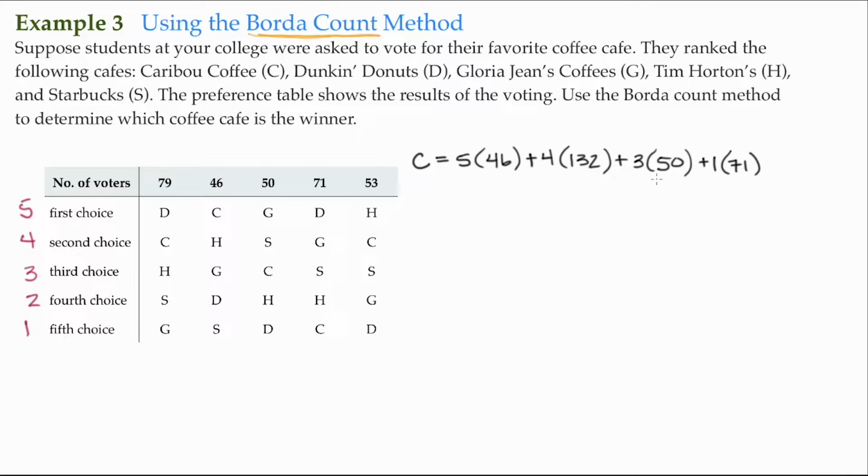So now once we have all that, we just go ahead and tally it up. 5 times 46 plus 4 times 132 plus 3 times 50 plus 1 times 71. So that comes out to be 979 points. So using the Borda count method, Caribou Coffee would have received 979 points.